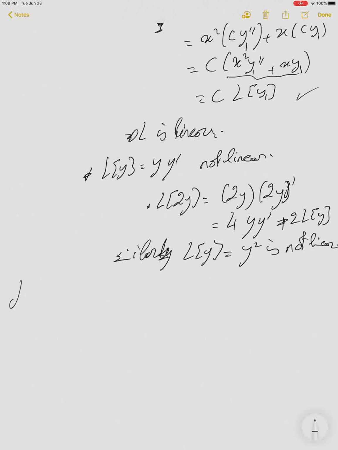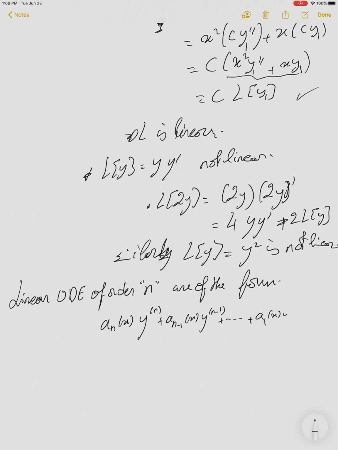Okay. Now linear ODE of order n are of the form a_n of x times the nth derivative of y plus a_{n-1} of x times the (n-1)th derivative of y plus ... plus a_1 of x times y prime plus a_0 of x times y equal a function of x.